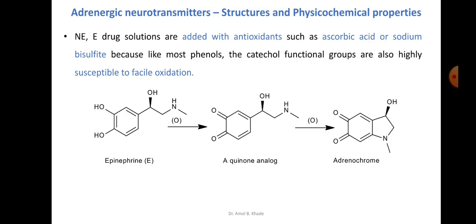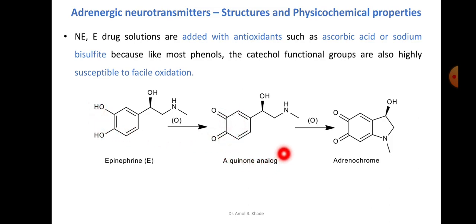So in epinephrine and norepinephrine drug solutions, we usually add an antioxidant to prevent the oxidation of these drugs, like ascorbic acid or sodium bisulfite. Otherwise, the norepinephrine or epinephrine drug solution will undergo oxidation, and you can see these hydroxyl groups getting oxidized into keto groups.